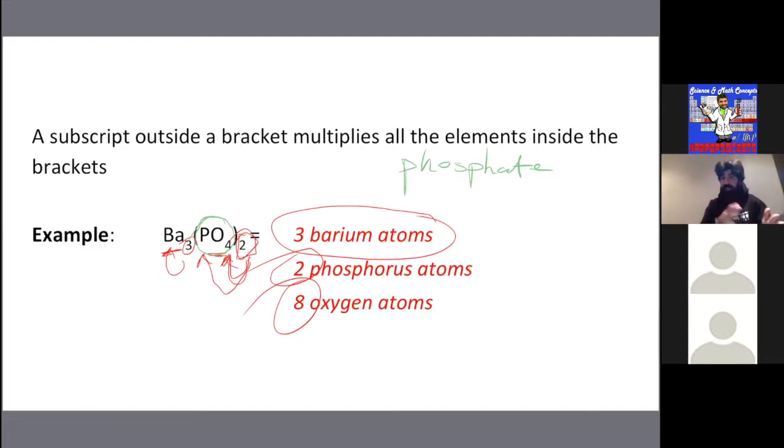We can separate the P's and the O's and count it as we have here, 2 phosphorus and 8 oxygen. Or we can look at this as containing 2 phosphate ions. This way is going to be a lot more helpful when it comes to balancing, because when we're balancing, we're going to want to collect these polyatomics, because it makes balancing so much simpler, and you'll see that when we get to some of the sample problems at the end of this chapter.